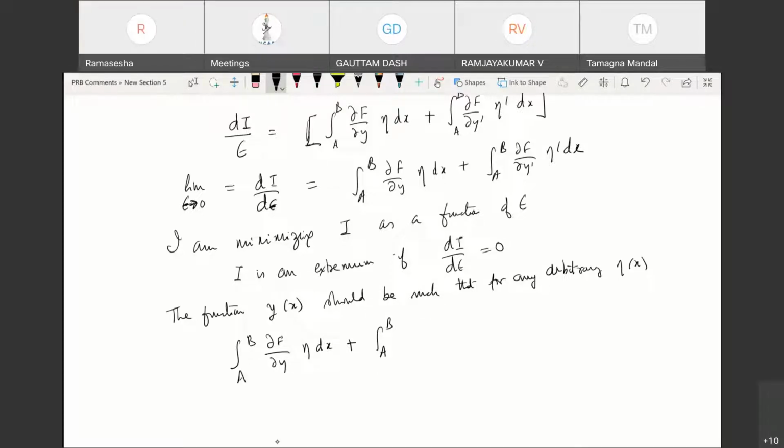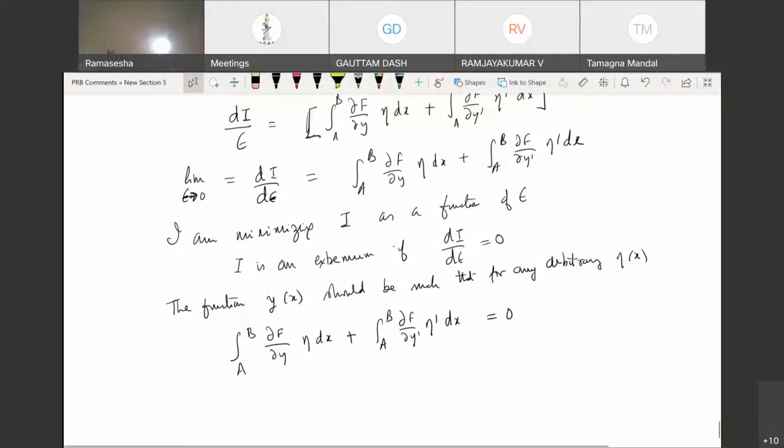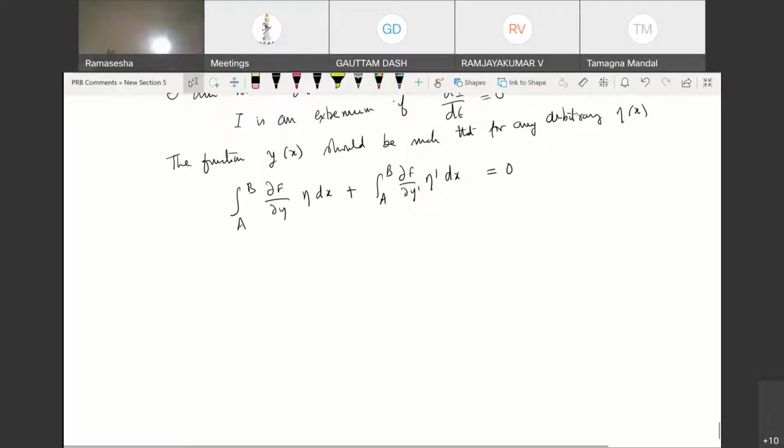Now what I am going to do is integrate the second one by parts. We get the integral from a to b of del f by del y eta dx.